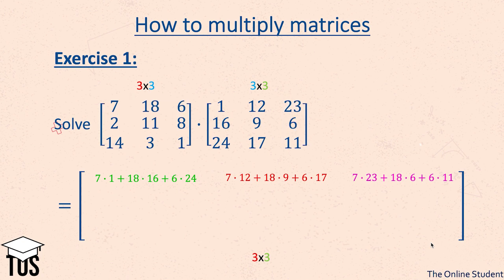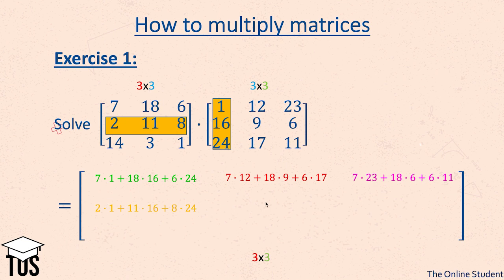Now we can do that for any other combination. So we take a look at the second row of the first matrix with now again the first column of the second matrix. So now we have 2 multiplied by 1 plus 11 multiplied by 16 plus 8 multiplied by 24. And this will go in the second row and first column of the resulting matrix.